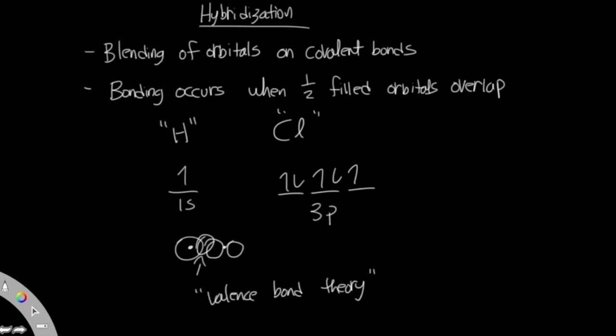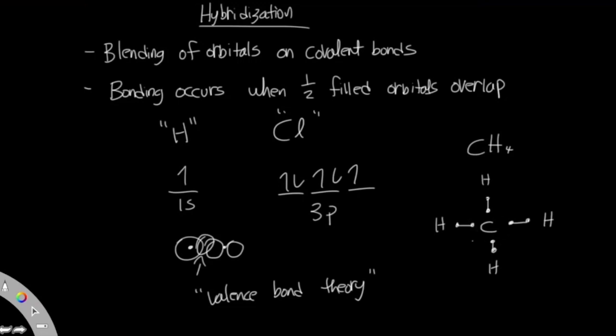Now, let's look at another example, CH4. The problem with the valence bond theory is that an example like methane doesn't really work out very well. If we look at our carbon here, and we have our hydrogens, again, this is the tetrahedral shape. This carbon has these electrons, and of course, so do the hydrogens.